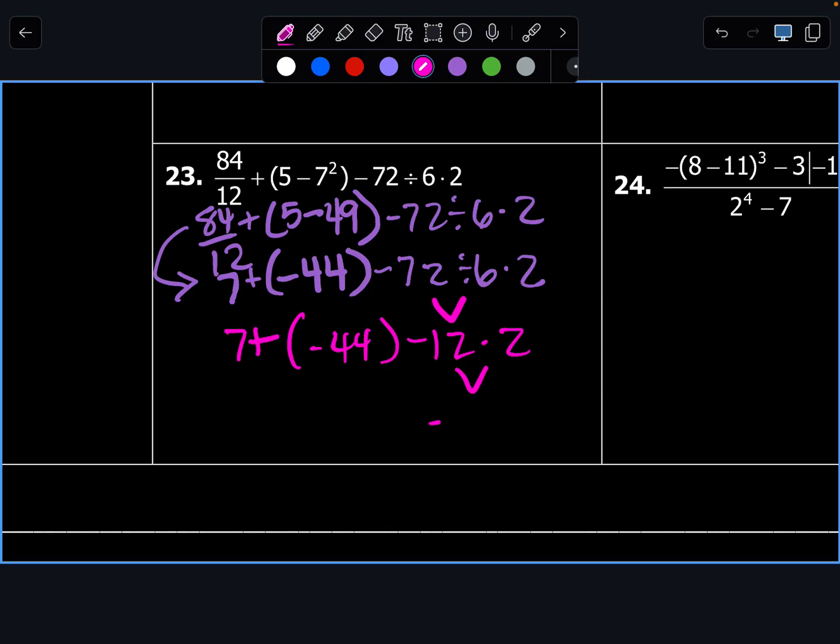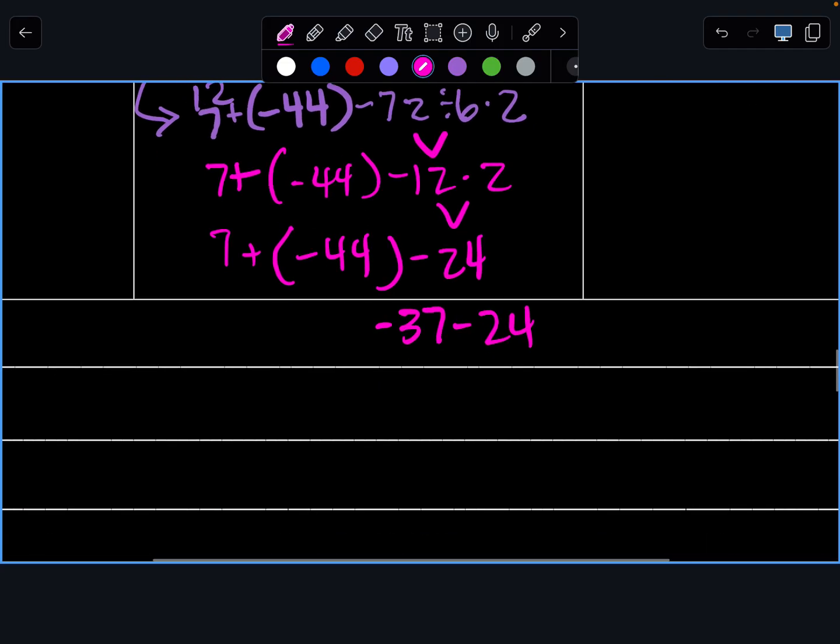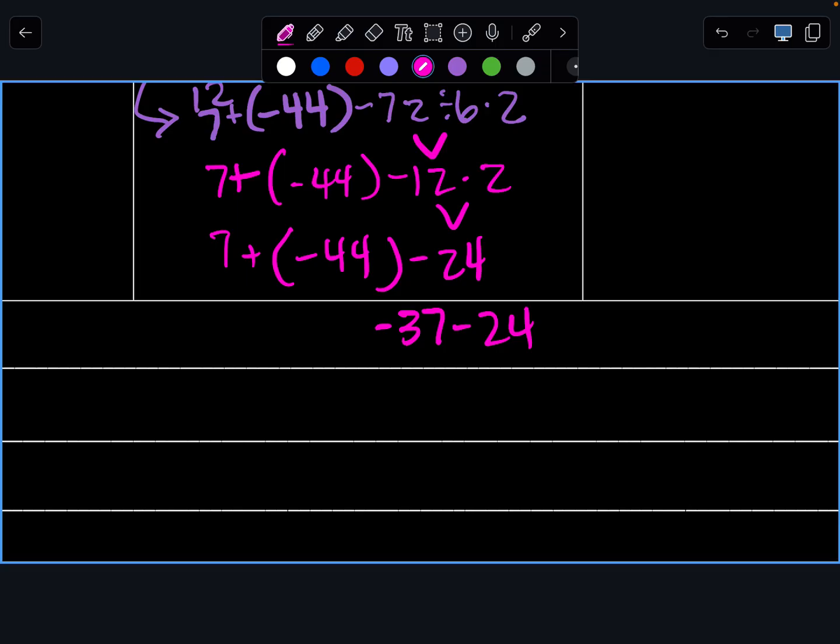Negative 12 and 2, so we get negative 24. What's 7 minus 44? Negative 37 minus 24 is? No, they're both negative. Negative 61.